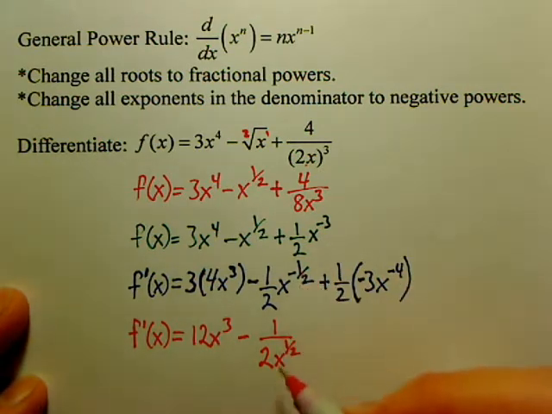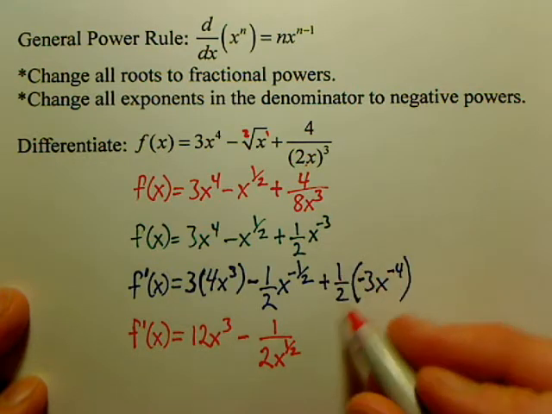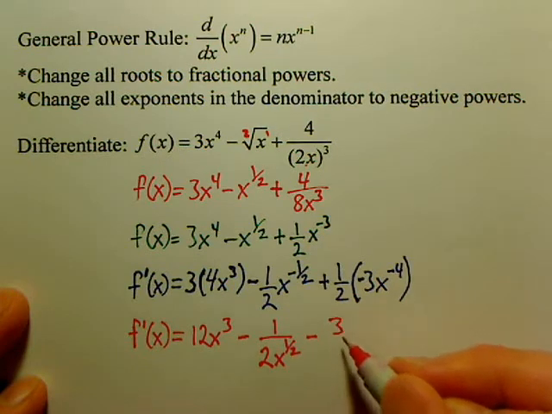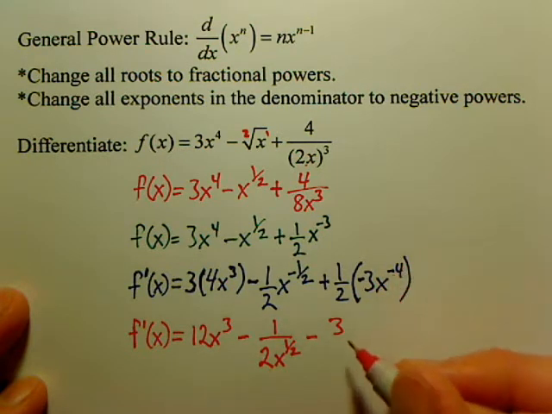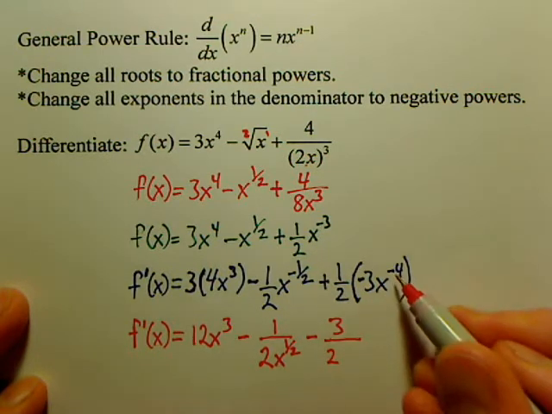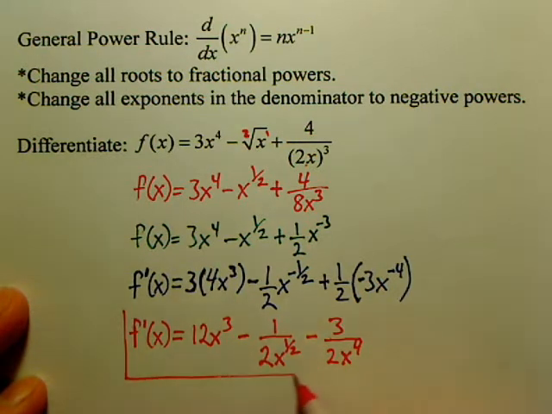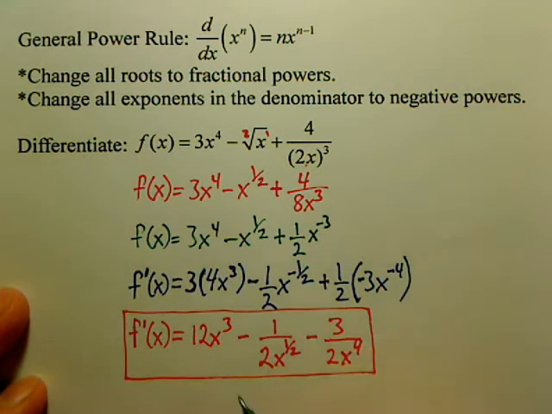I just don't like negative powers, so I'll bring it back down. And then here, can I do negative 3 times 1? Would that be a negative then? And would that be a 3? Isn't x to the negative 4th, is this negative power also going to go to the bottom? I have the 2 right there. So wouldn't that go to the bottom, leaving you x to the 4th down there? Hey, guess what? That right there is the derivative.